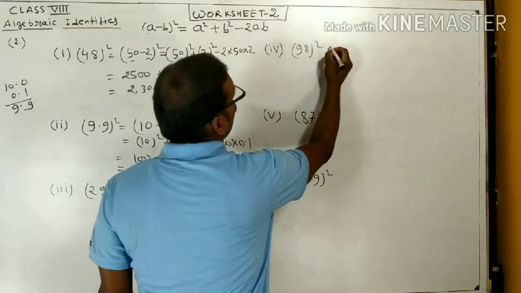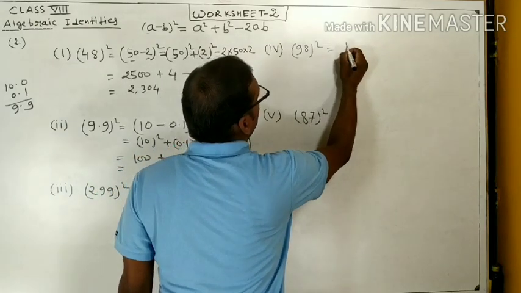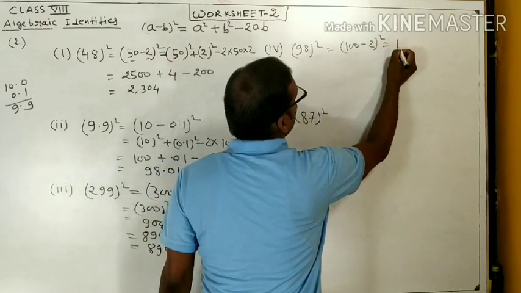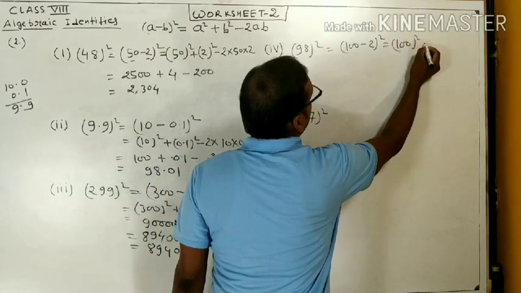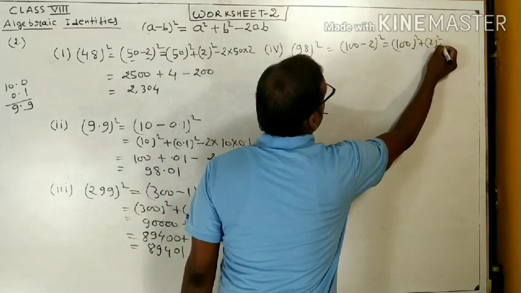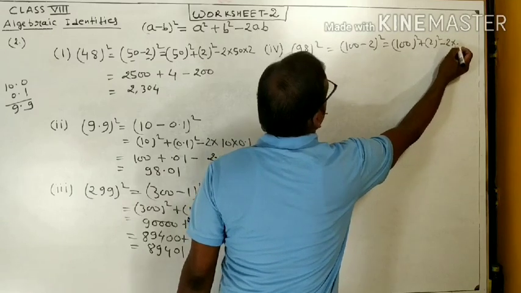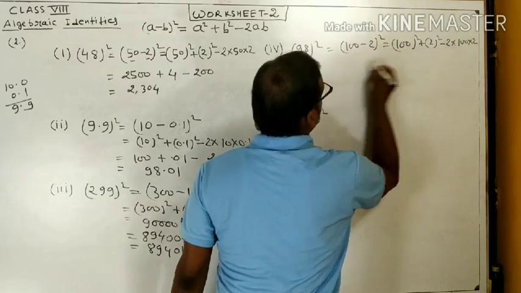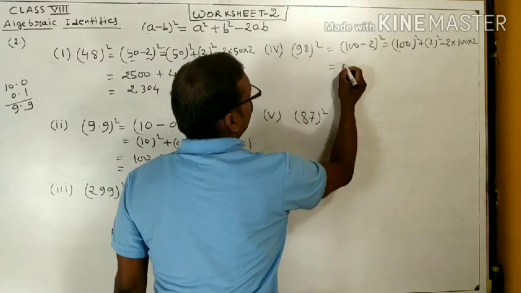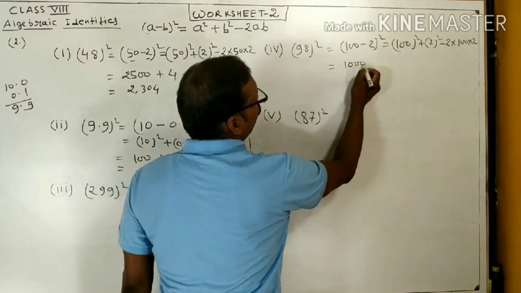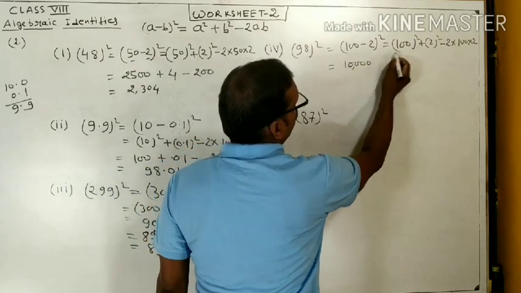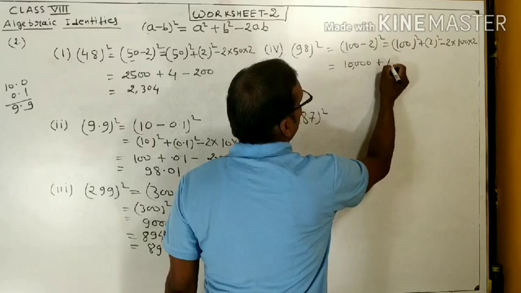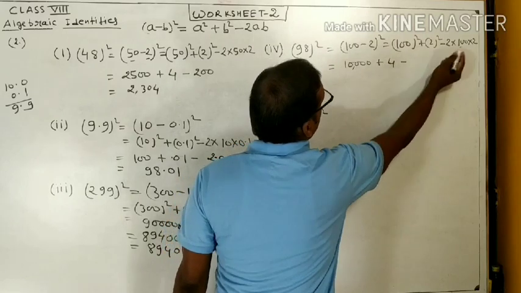Now 98 square, very simple. (100 minus 2) whole square means 100 square plus 2 square minus 2 into 100 into 2. 100 square, put 4 zeros after 1, 10,000. Plus 2 square, which is 4, minus 2 into 100 into 2, that is 400.